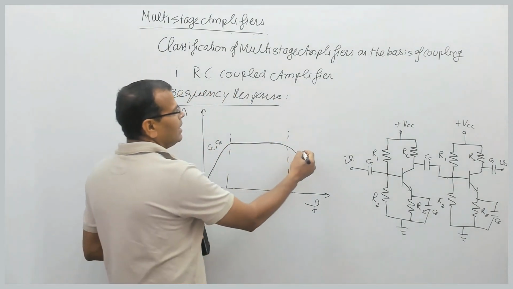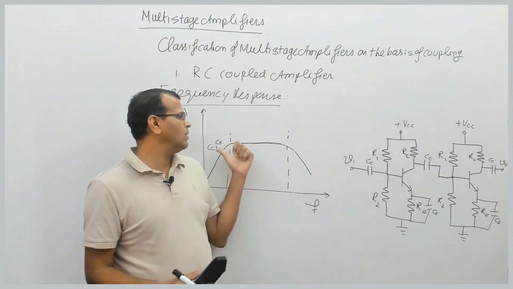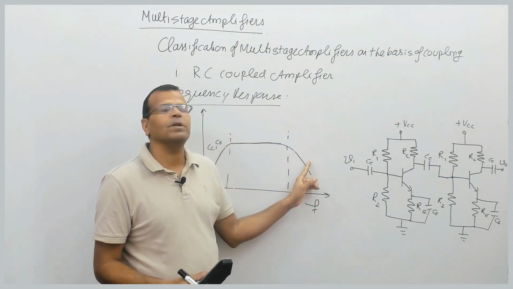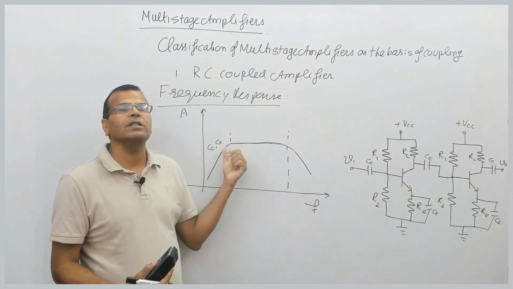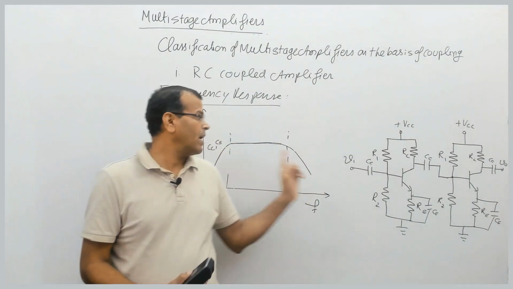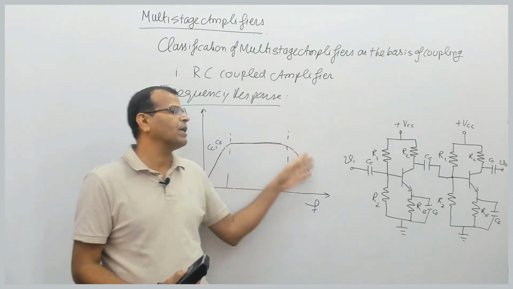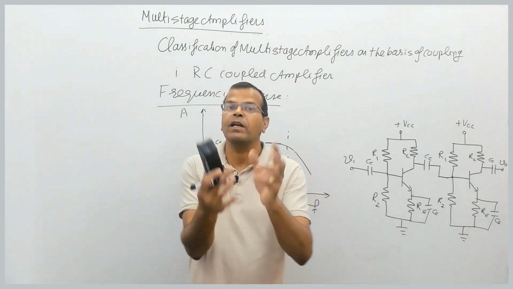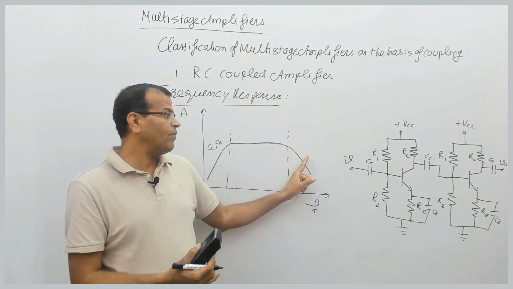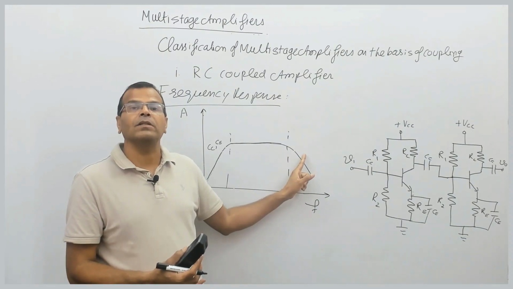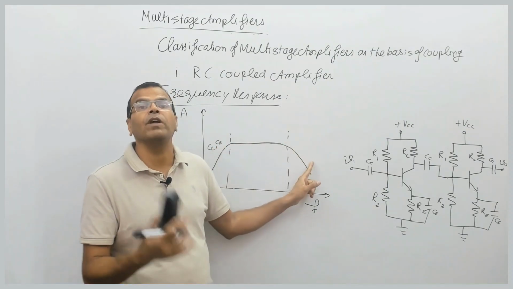But interestingly, at high frequencies, the coupling capacitor and emitter bypass capacitor behave like short circuit. At low frequencies, the junction capacitances behave like open circuit. You should remember, there can be an objective type question in engineering services on what I am saying. At high frequencies, the emitter bypass capacitor and coupling capacitor behave like short circuit.